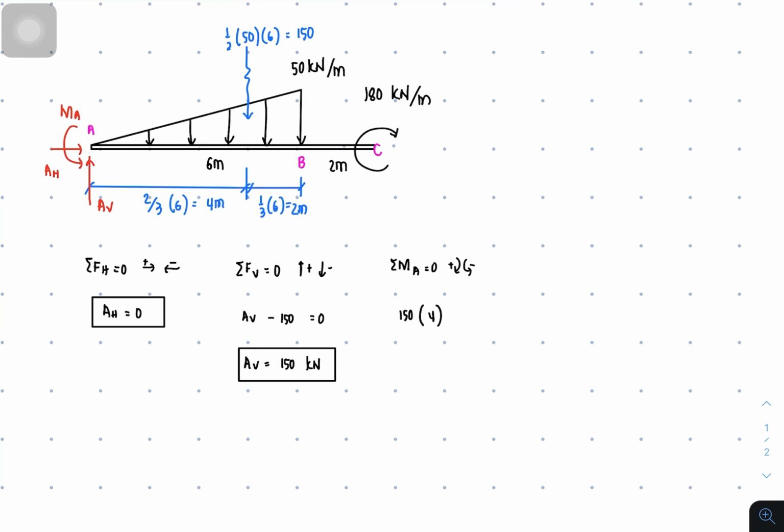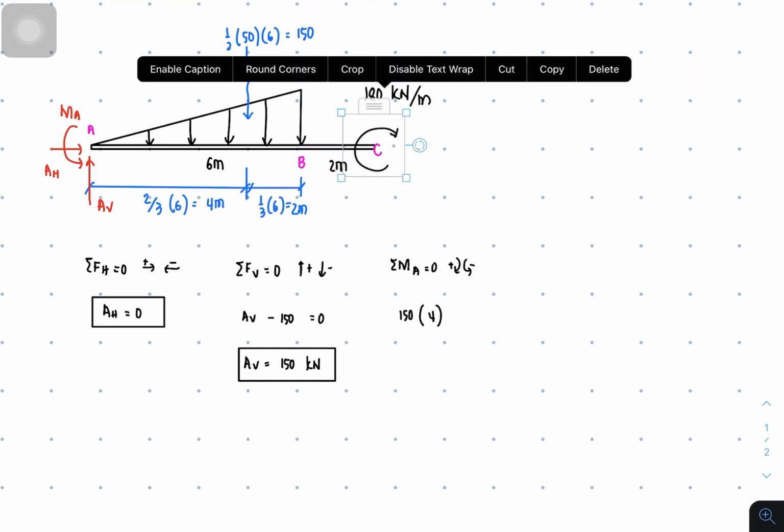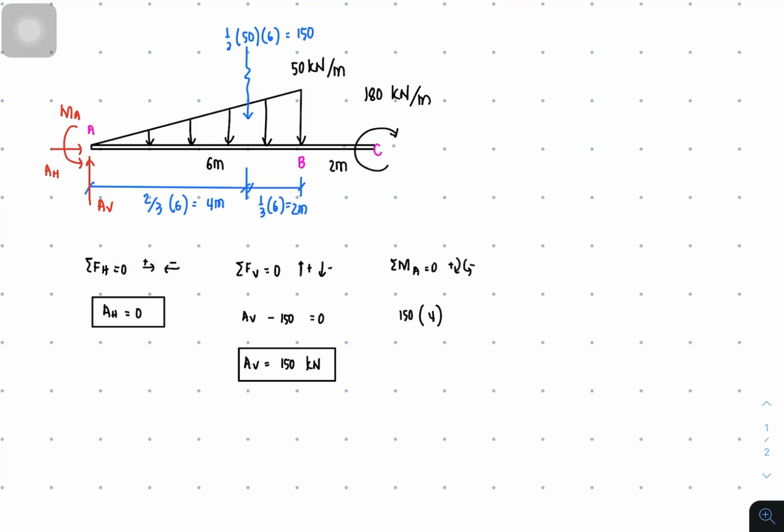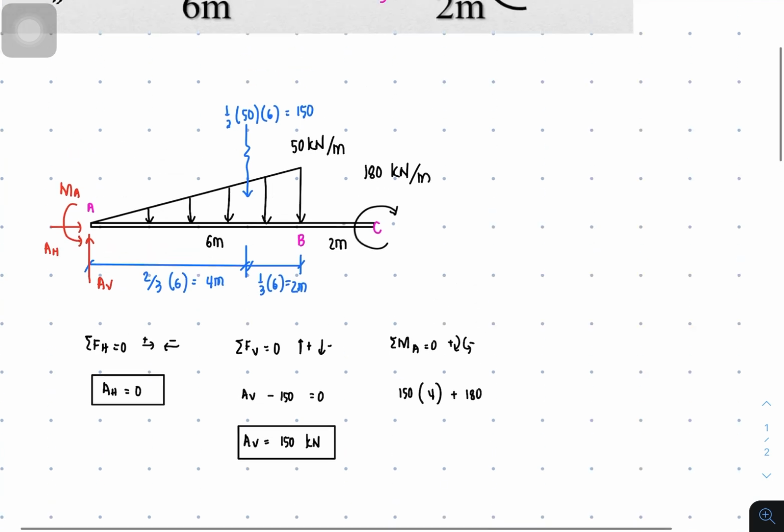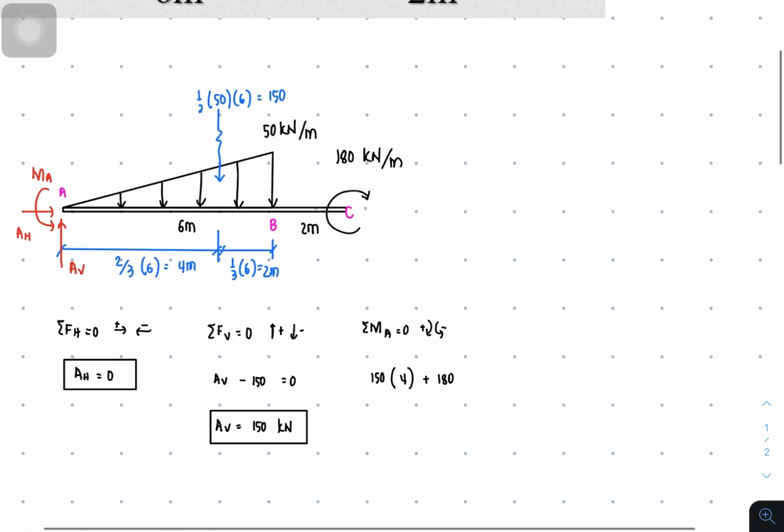And then this 180 is going to rotate clockwise because the direction is clockwise. It's not an assumption, because that's a load. So that's 180, and no more moment arm. Why is this kilonewton per meter? It should be kilonewton meters.